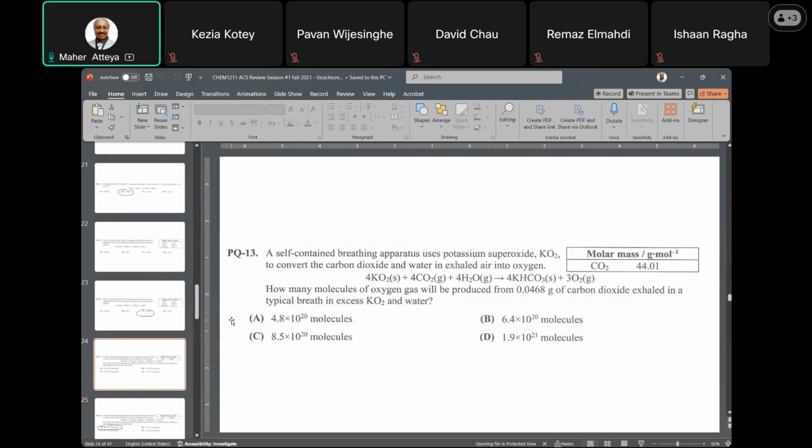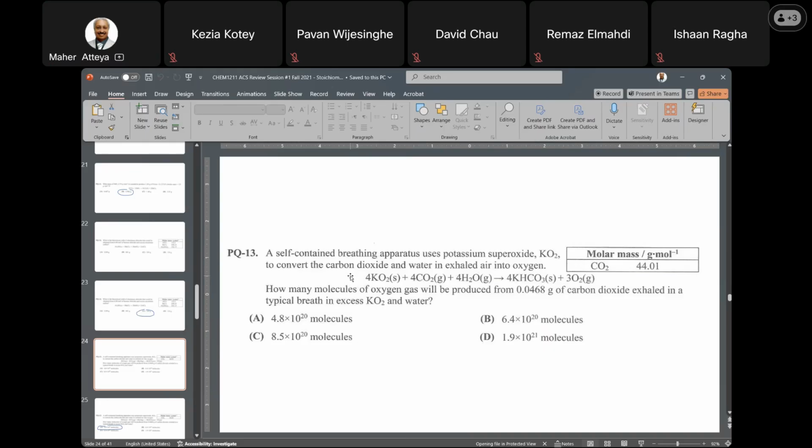So now, a self-contained breathing apparatus uses potassium superoxide, KO2, which converts carbon dioxide and water from exhaled air into oxygen, according to this type of reaction, correct?